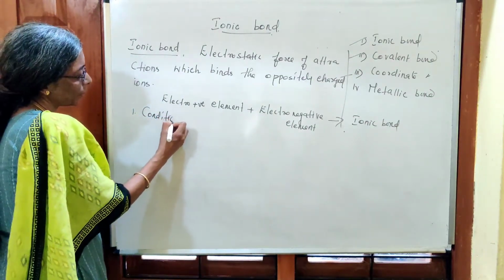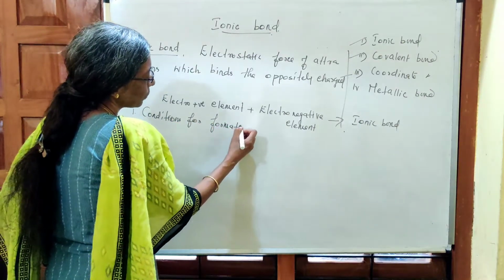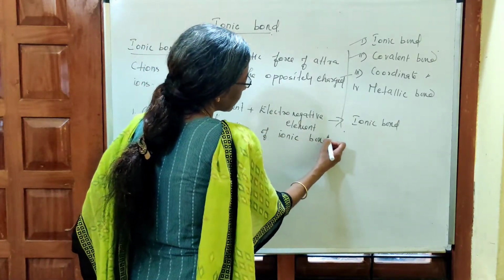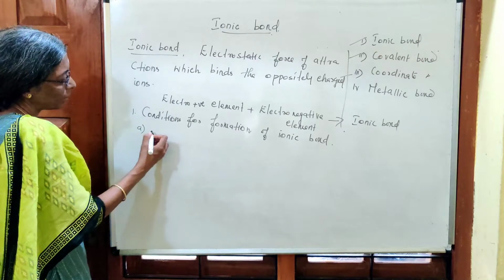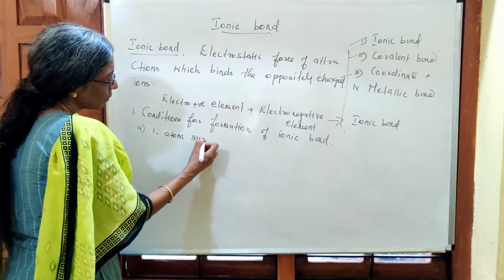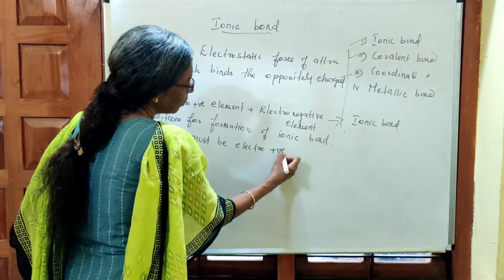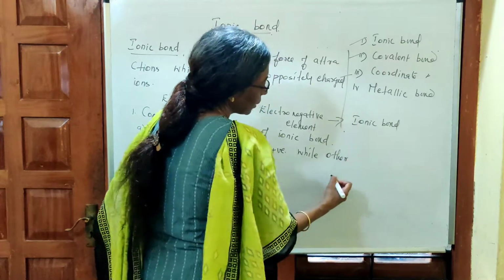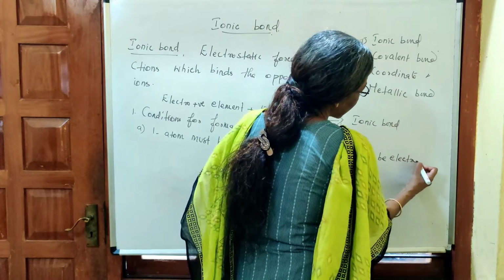Conditions for formation of ionic bond. Number one, one atom must be electropositive, while the other must be electronegative.